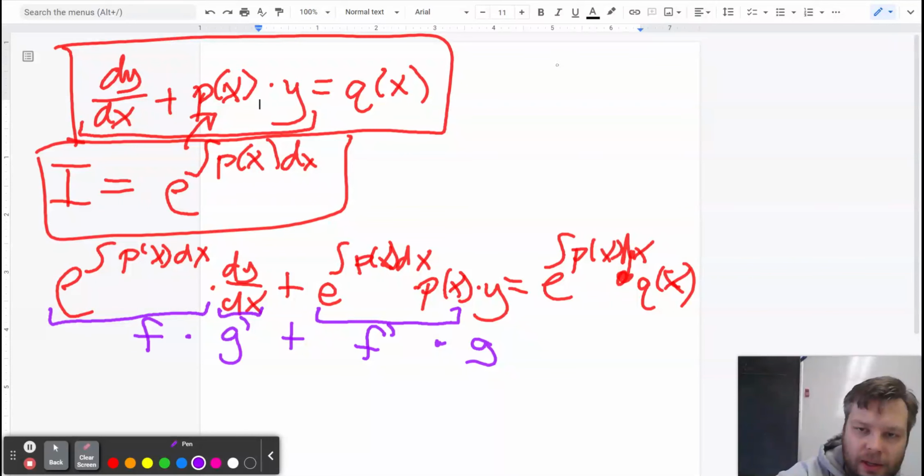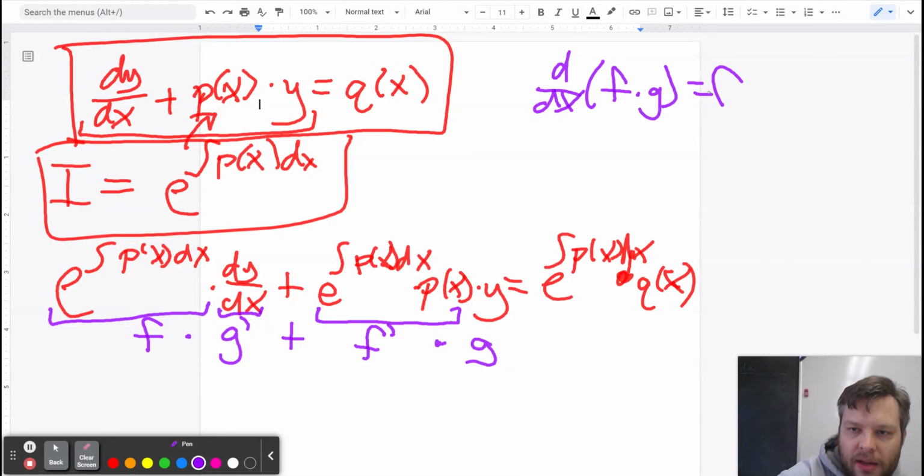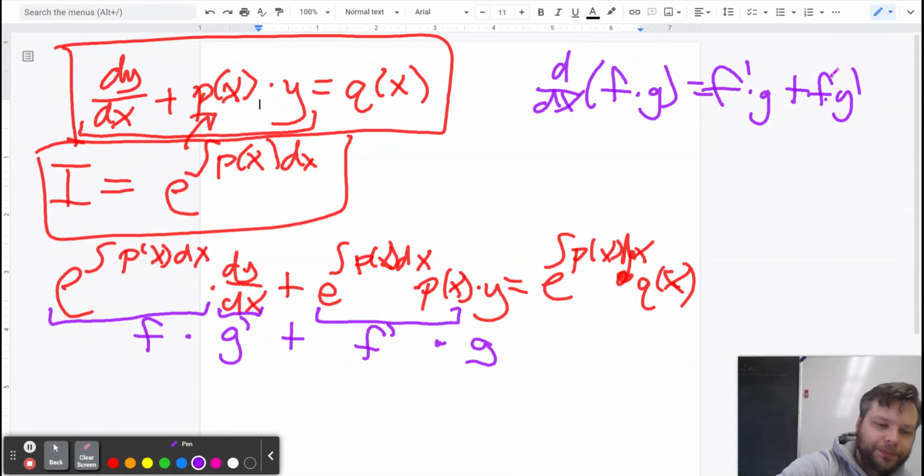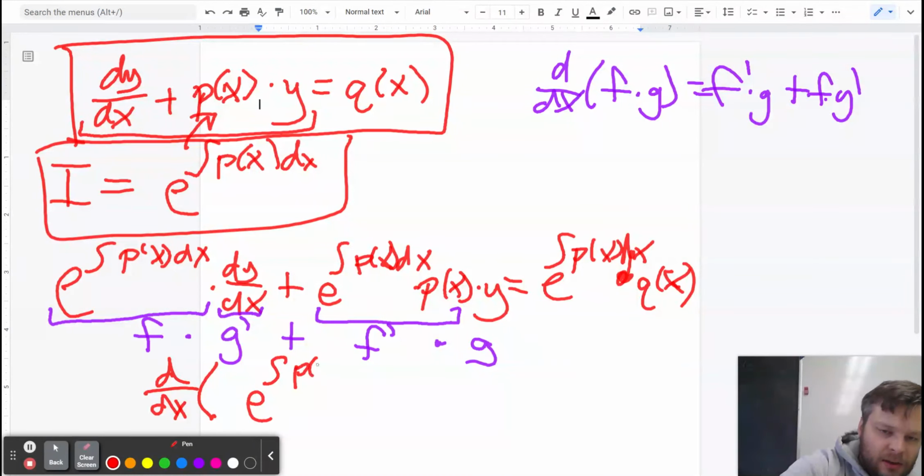What we know is that if you take the derivative of one function times another function, you get f prime g plus f g prime, or the order I wrote it down there. So what we can do now is say that this really is the derivative of e to the integral of p of x dx times y.